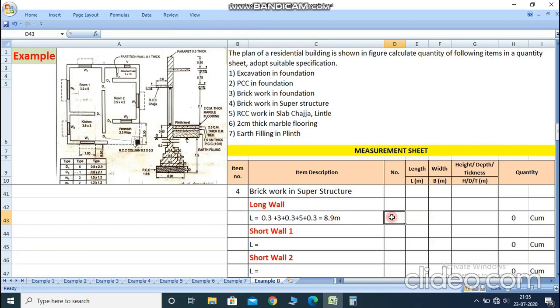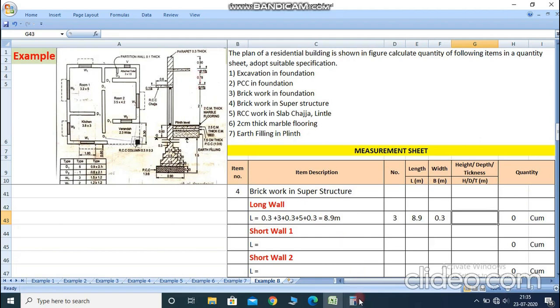So here the number of walls is 3, the length is 8.9 meter, and the width is already given in the section part and also from the plan. Width is 0.3 and the height is given in the section part. So the height of the wall is the summation of 2.1 plus 0.12 plus 0.78.